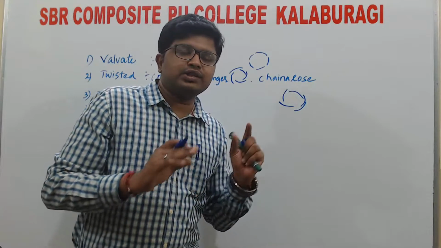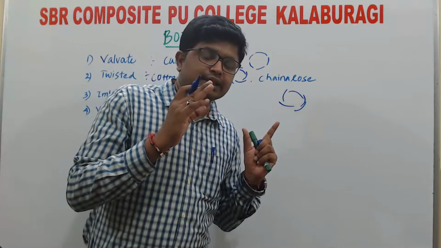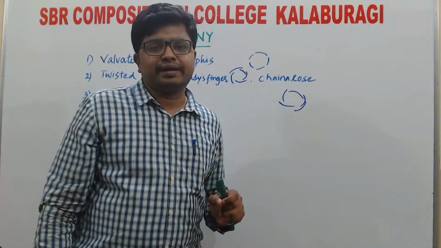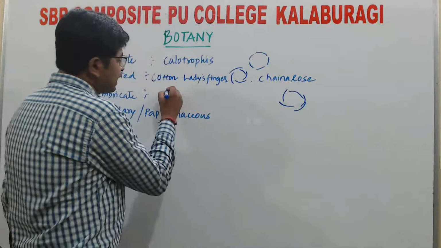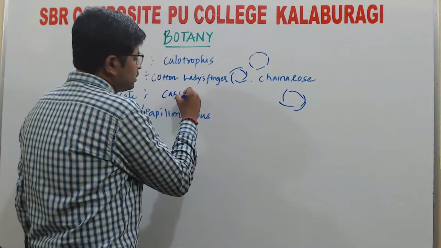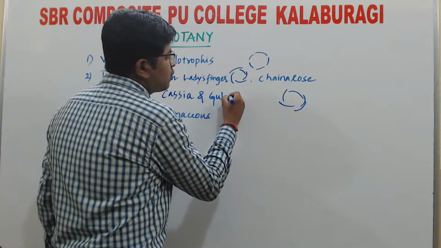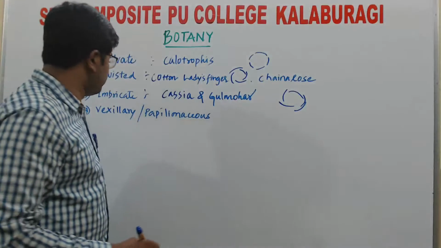And you will see that it is not following any particular direction or pattern. Such type of arrangement we call imbricate. Remember, examples, cassia and gulmohar.